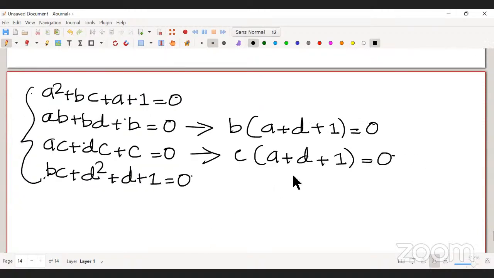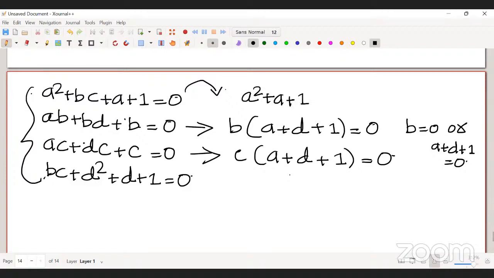As you can see, from here I can conclude that either B is 0 or A plus D equal to -1. Suppose B is 0, then this equation becomes A square plus 1 equal to 0.